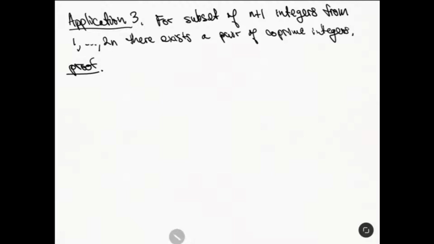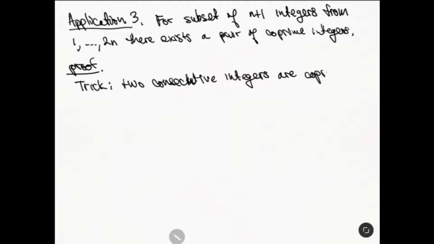Okay, so the trick is that 2 consecutive integers are coprime. So this means that if I take n and n plus 1, they're coprime.